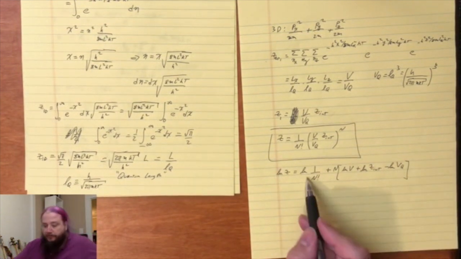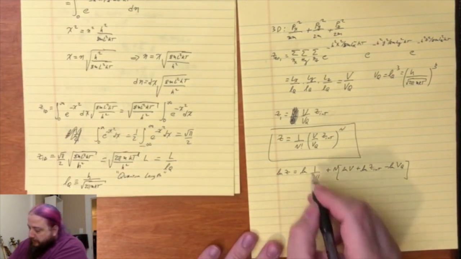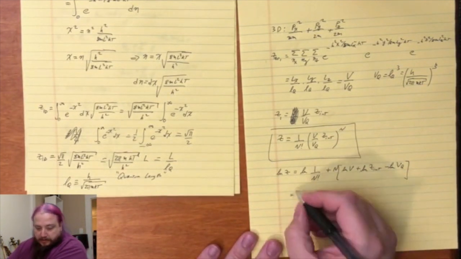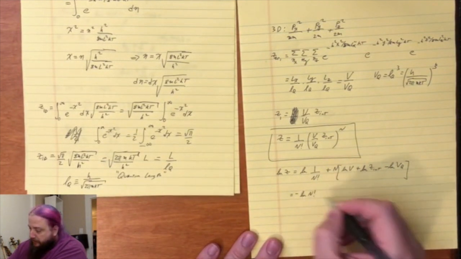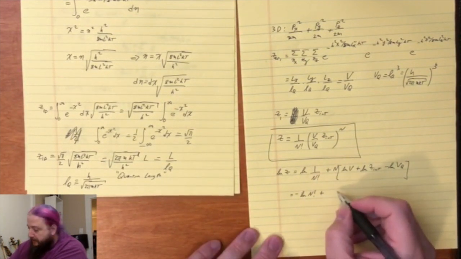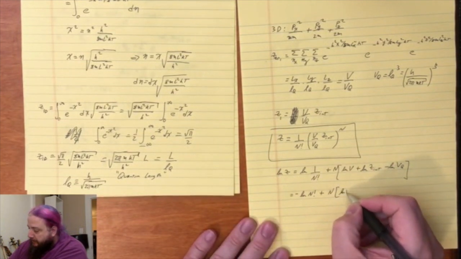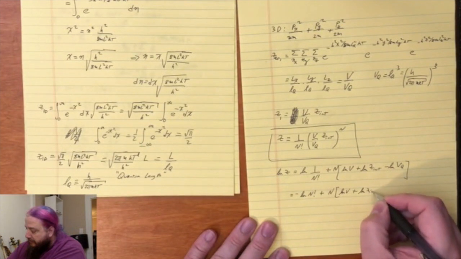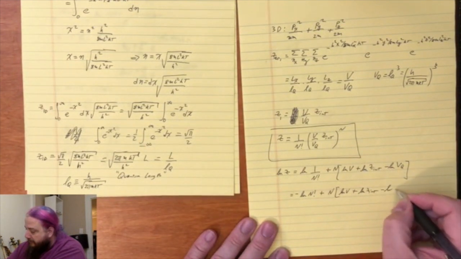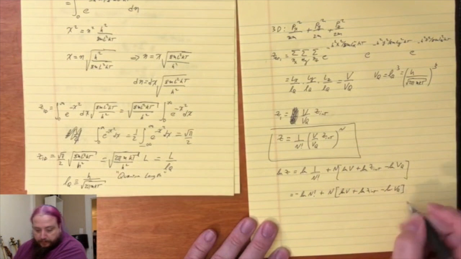This is going to be minus logarithm of N factorial plus, again, N log V plus log z interior minus log quantum volume.